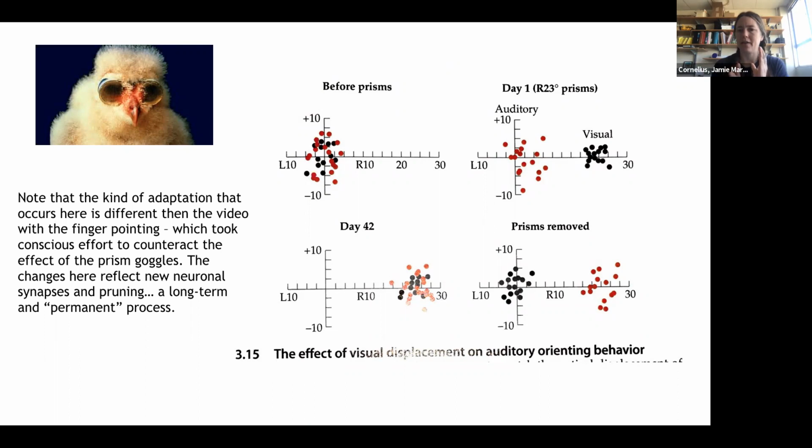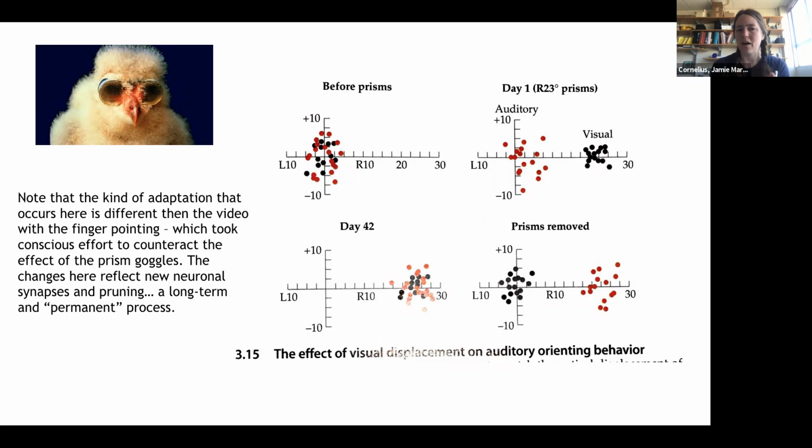You're either playing an acoustic pulse or providing a visual cue, and they're looking in different places. By day 42, the orientation of the head is adjusted so that when a sound is played, they have shifted where they're putting their head, so that the auditory cue maps onto the visual space.